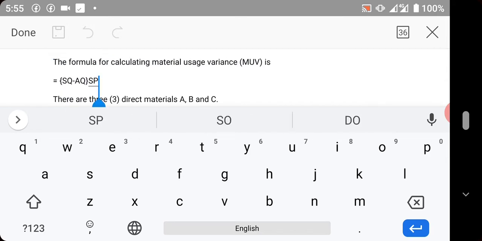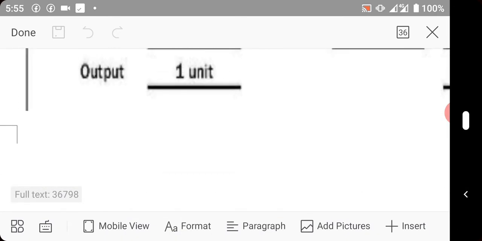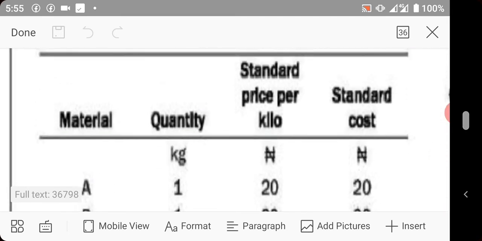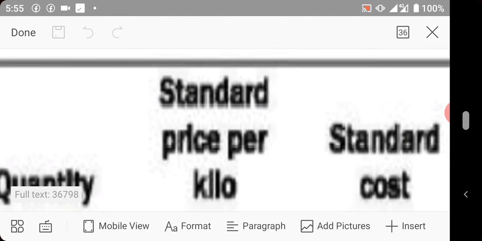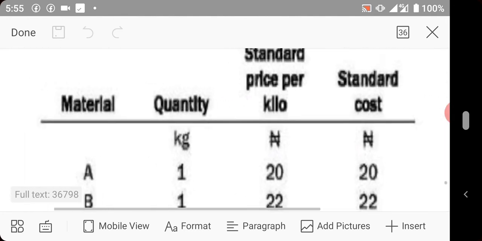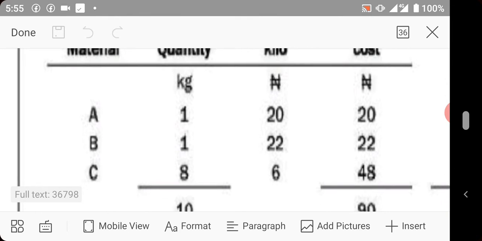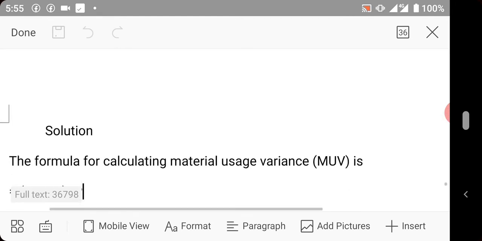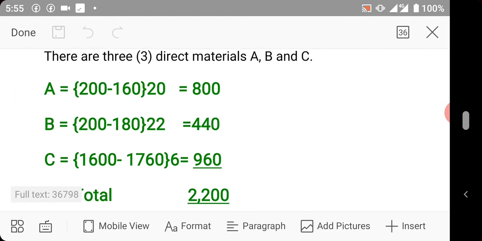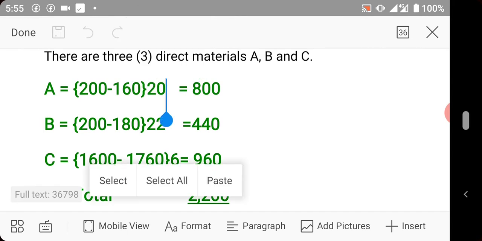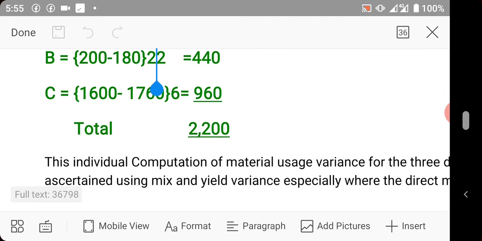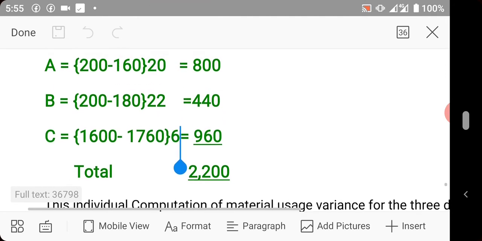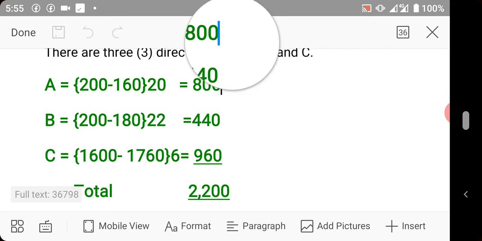Look at it, standard price per unit. In this standard price per unit, A is 20, B is 22, and C is 6. So you go back, you substitute for A, you substitute for B, you substitute for C, multiply through, it will give you this.